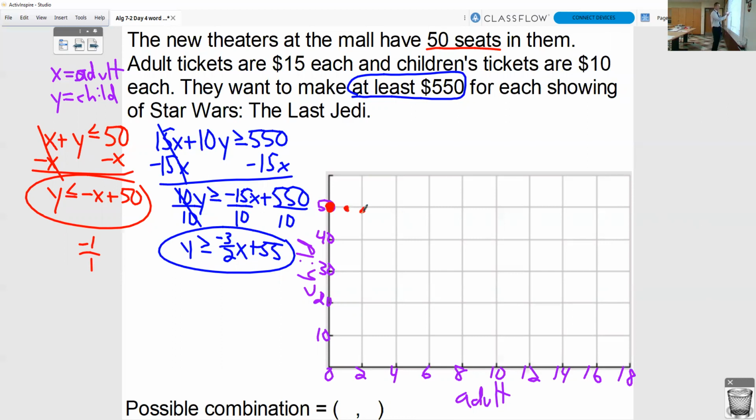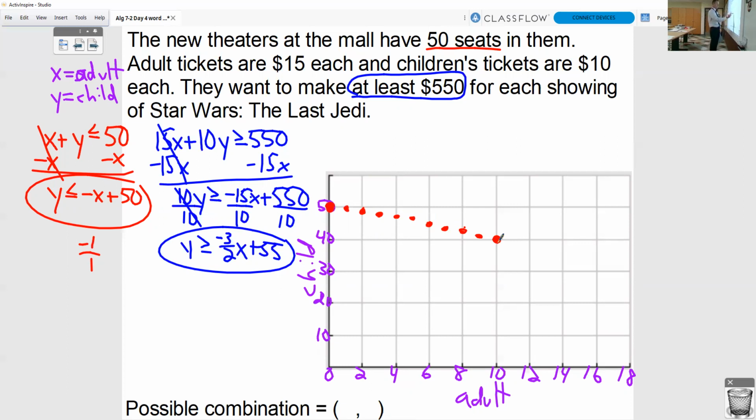Down 1 over 1, now we're down to 8, and then we're down to 7, and then 6, and then 5, and then 4, and then 3, and then 2, and then 1, and then 0. This is a very important point, all right? Over to 10, up to 40. If you typed it into your y equals and you did second table, that point becomes very important.